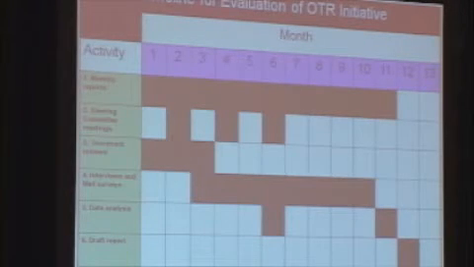After that, of course, we'll have to start up with the interviews and the mail surveys. Those we think will take up most of the time. As you can see, they would start around month 2 or 3 and go on to the end of the project. Also, data analysis will happen partway through our evaluation and also at the end.